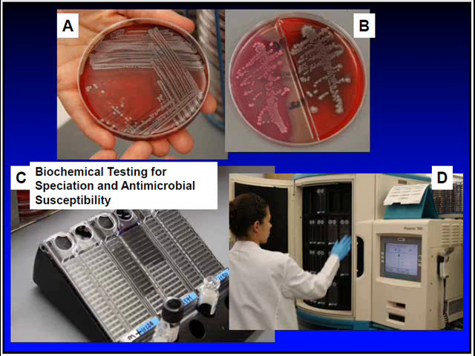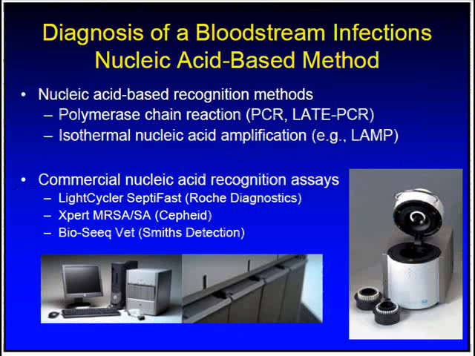As you can see, the culture-based process for pathogen identification is a time-consuming process, requiring about 72 hours for identification and longer for fastidious organisms. Faster diagnostic tests have emerged to accelerate the time to detection and diagnosis of bloodstream infections.